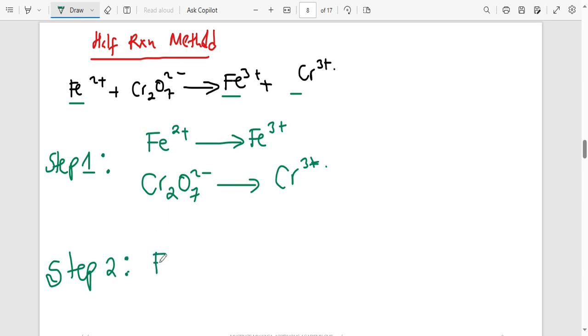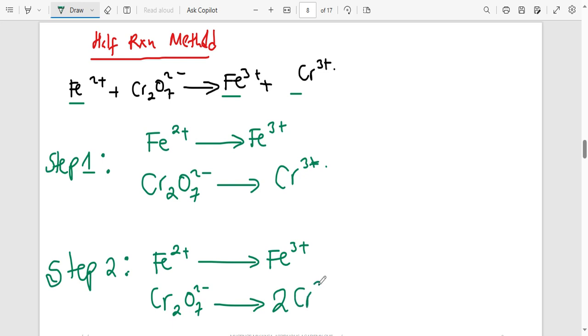So this will give us Fe2+, and that is going to go into Fe3+. And then here we are going to have Cr2O7 2-.